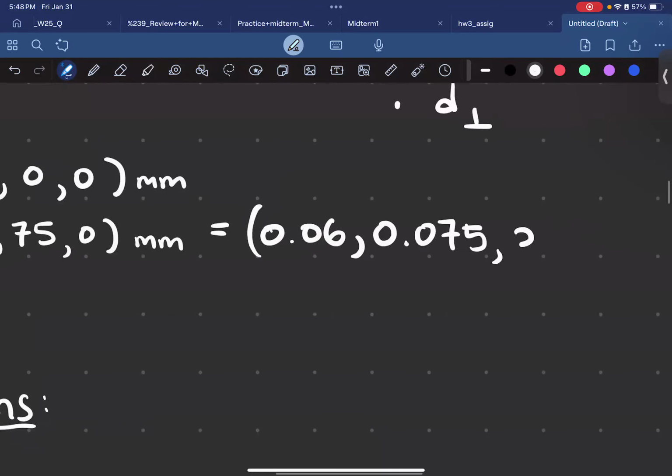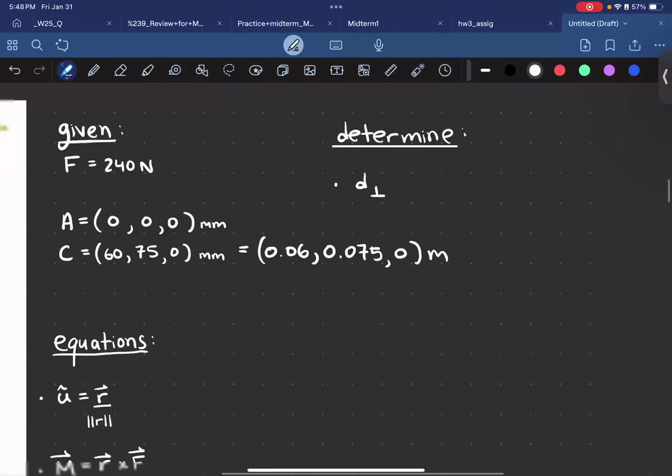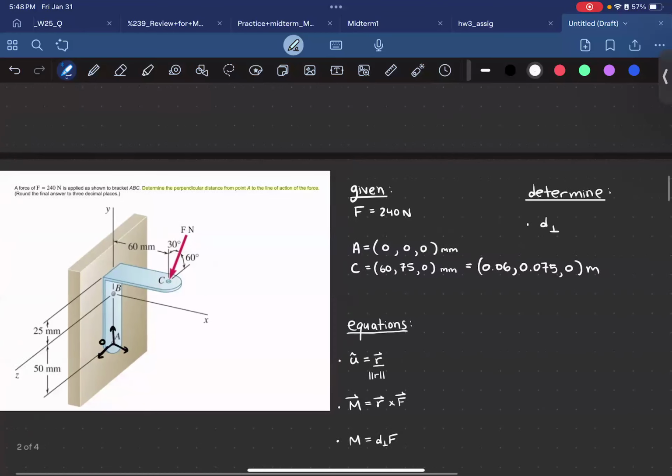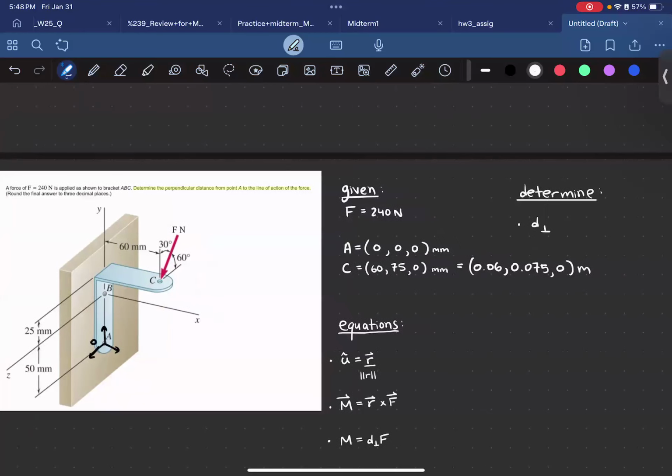All right. And so we want that in meters so that the units can work out well with the newtons because the SI unit is meters.